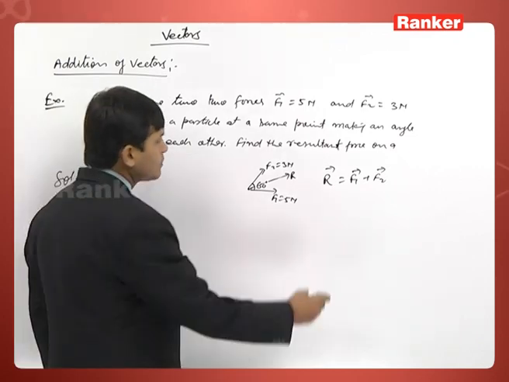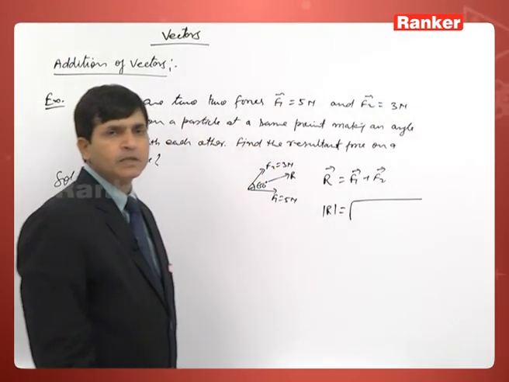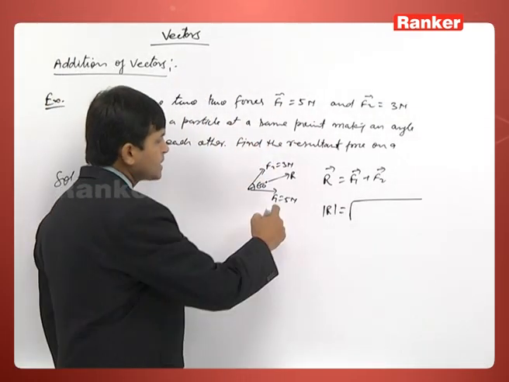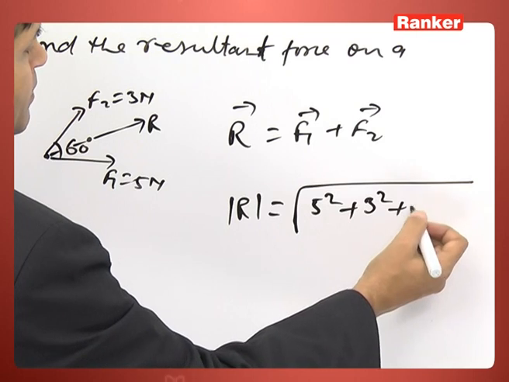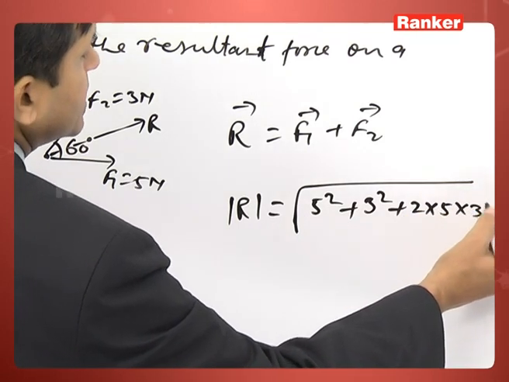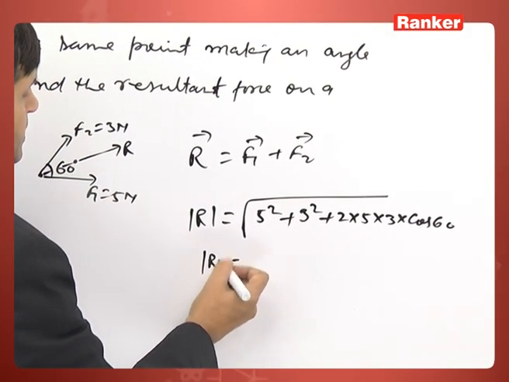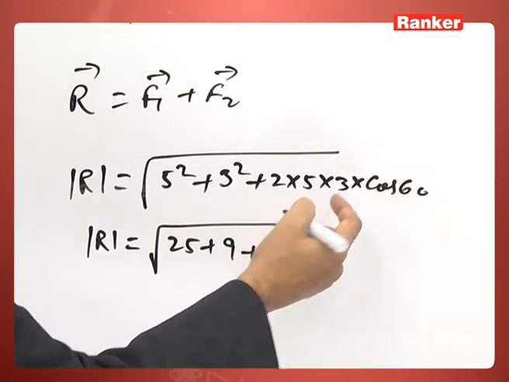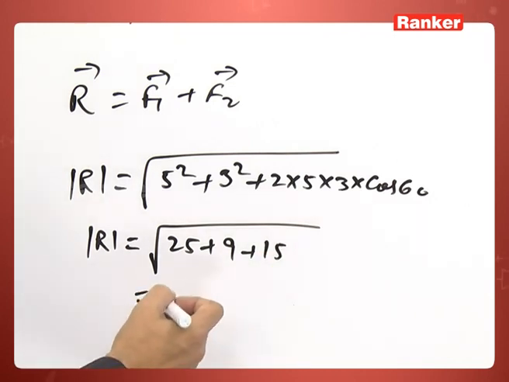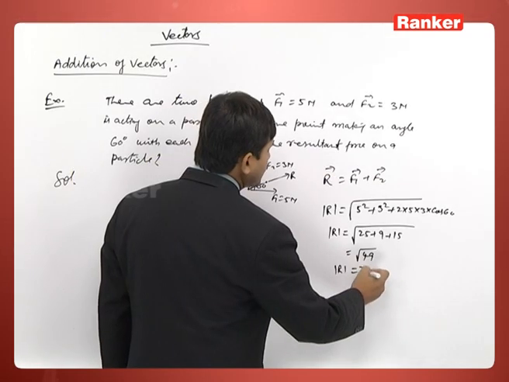And magnitude of force we know, mod R is under root of A square plus B square plus 2AB cos theta. A square means here 5 square, B square here 3 square, plus 2 into 5 into 3 into cos 60. So, from here 25 plus 9, cos 60 is 1 by 2, so this will be 15. So, this is root 49. So, mod R is 7 Newton.